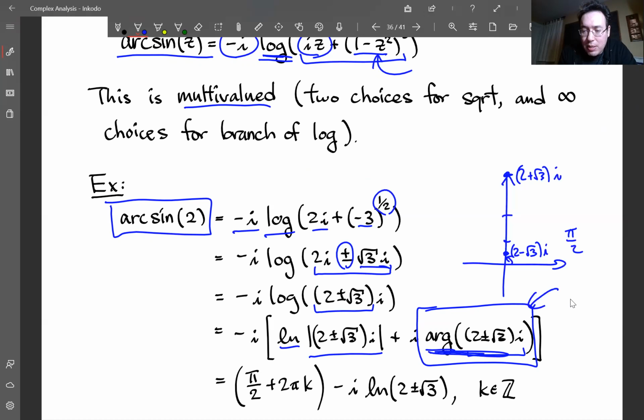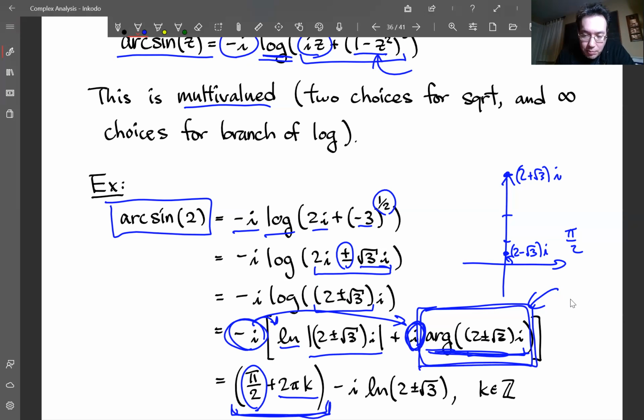So this argument is pi over 2 plus any multiple of 2 pi, so I'm going to add 2 pi k for any integer k. And I'm also distributing a negative i to both of these terms, so i times negative i is just positive 1. So this is the argument part.